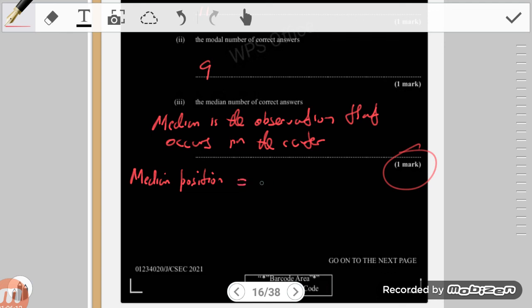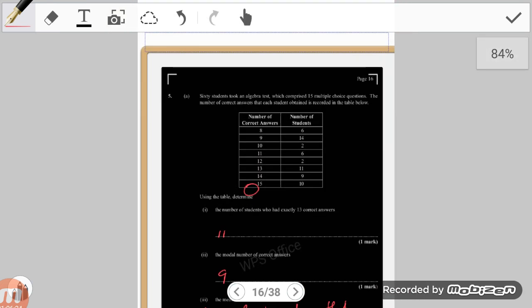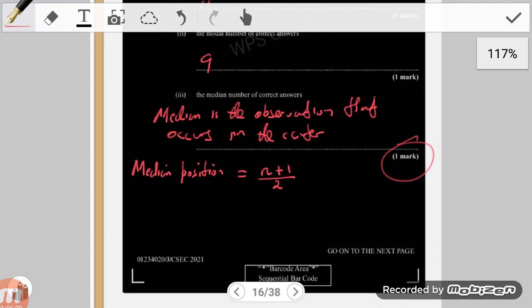And I can attain that by simply using the formula n plus 1 divided by 2, where n represents the number of observations. Now we know that there are 60, it says here that 60 students took the algebra test. So we know that there are 60 different scores, where some are the same and some might be different. So that's 60 plus 1 divided by 2.